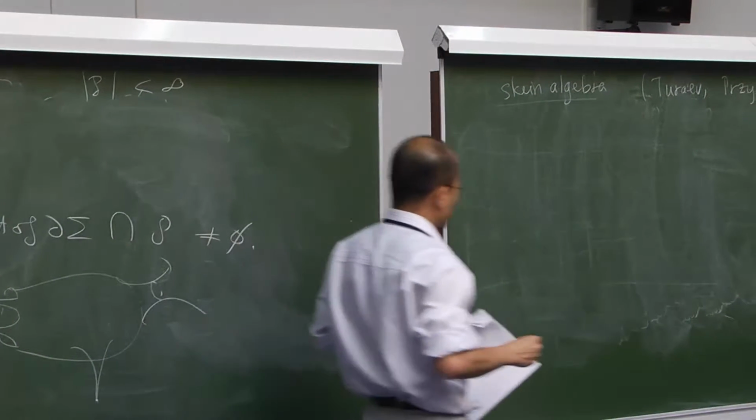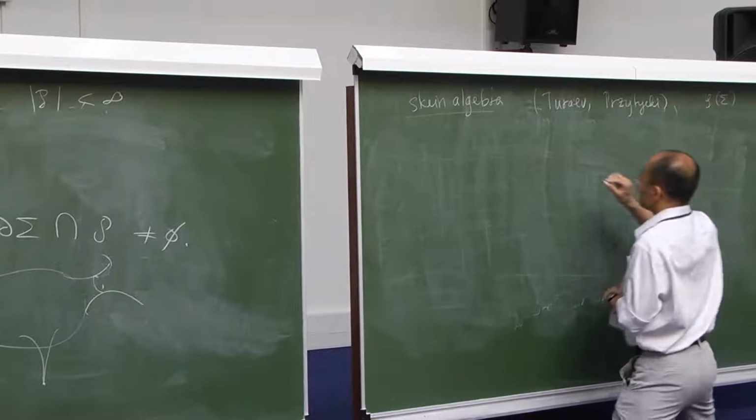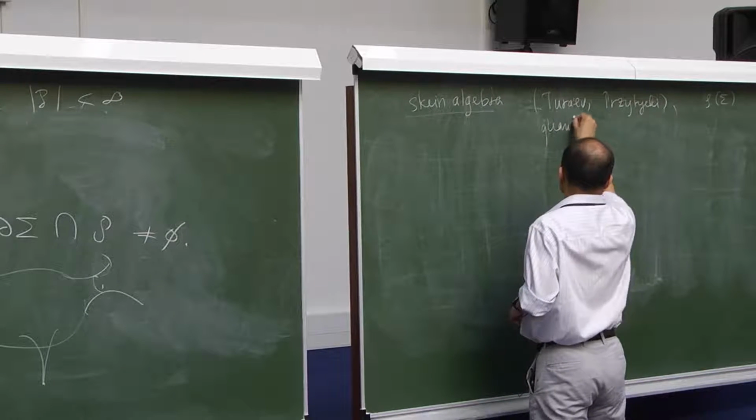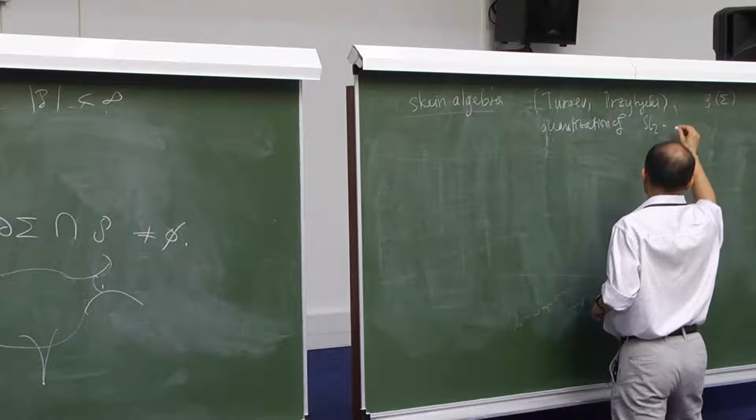So I will denote this by S of sigma. This is a quantization of the SL2 character variety.